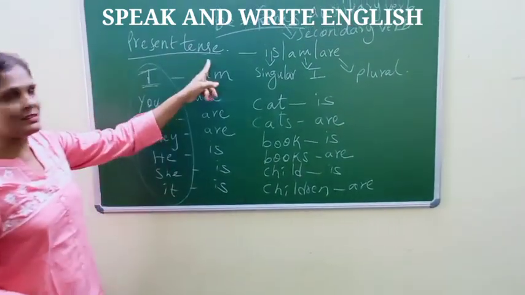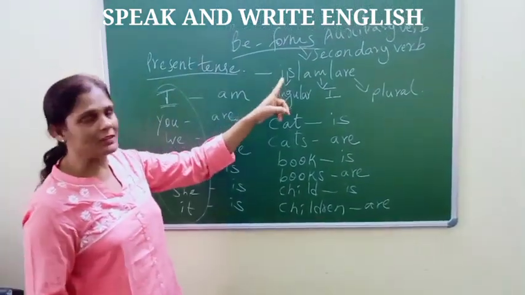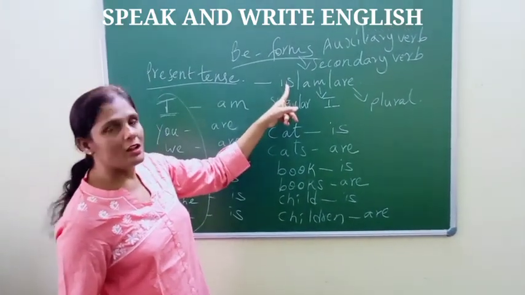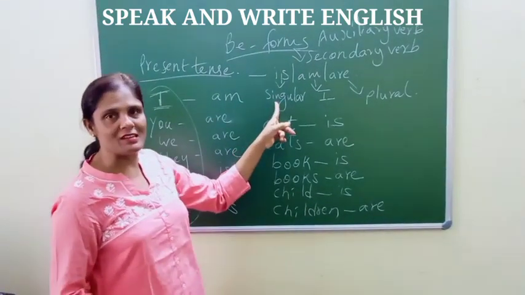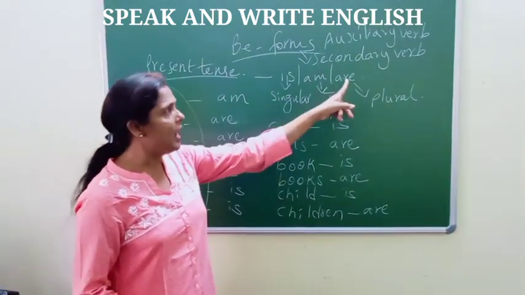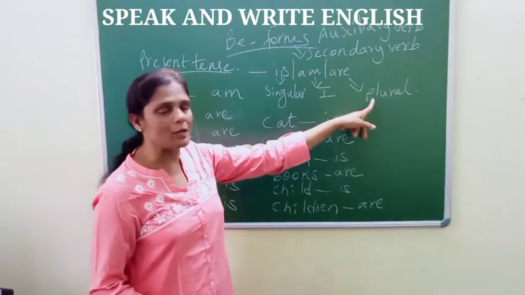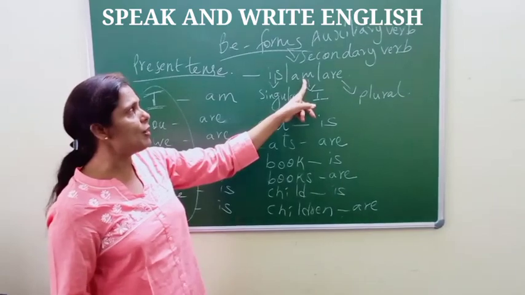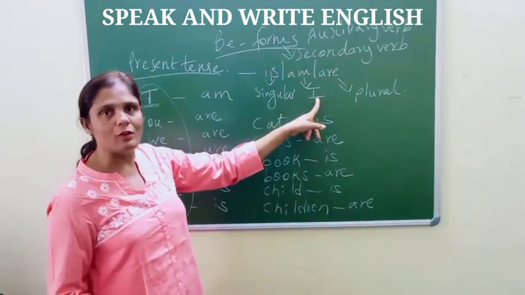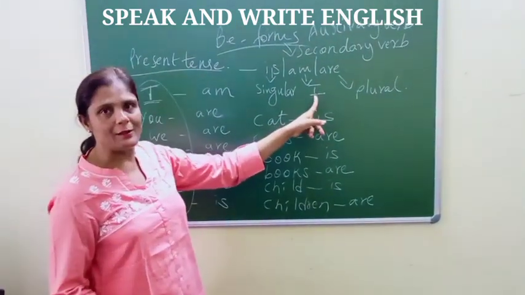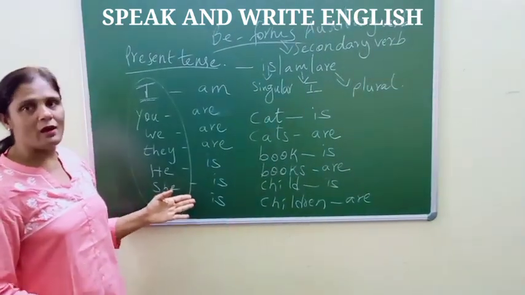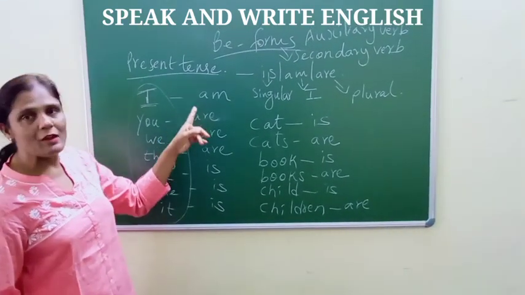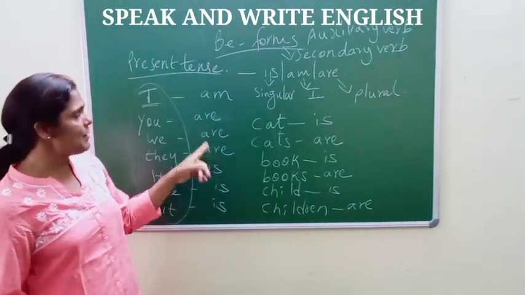So in the present tense, we have three be forms, and what are they? Is, am, are. Is is used when you are going to talk about a single thing or a single person. Are is used when you are going to talk about many persons or many things. Am is used only for the pronoun I. Wherever you have singular pronouns, we make use of is, and wherever you have plural pronouns, we make use of are.